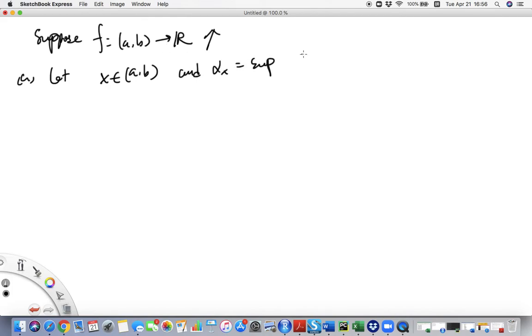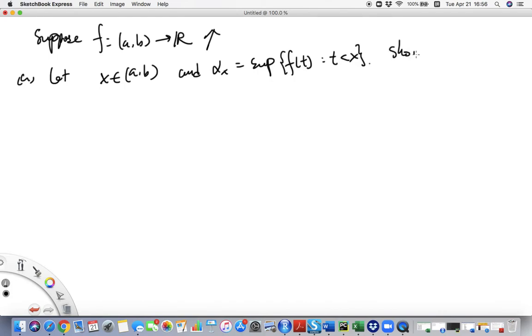Okay, next problem. Suppose f from a to b to R is monotone increasing. Part A: let x be a point on the interval, and alpha sub x is equal to the supremum of f of t with t less than x.